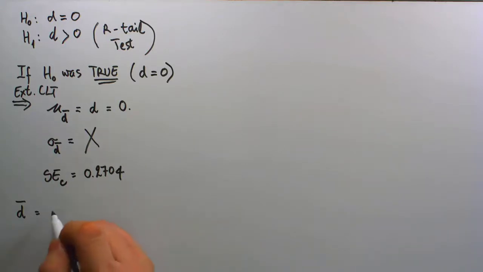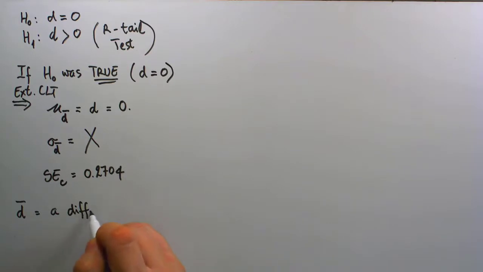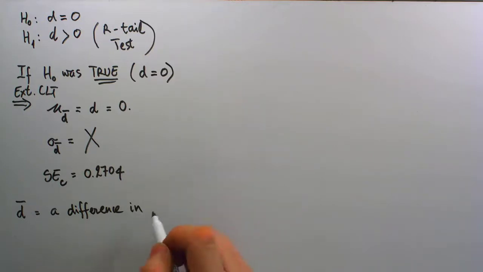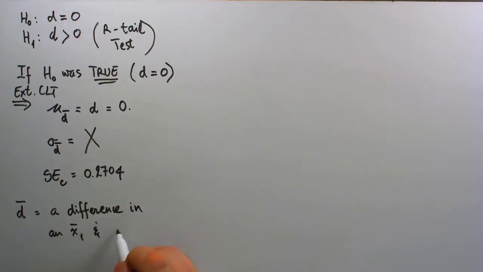And it represents a difference, or any difference, in an x bar 1 and an x bar 2. So it's just a difference in any pairs of x bar 1 and x bar 2 that we can pair up, that we can pick.